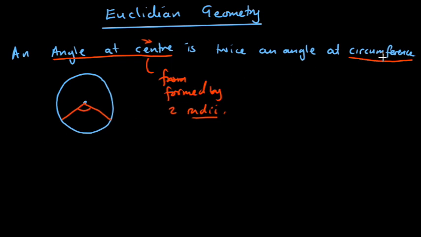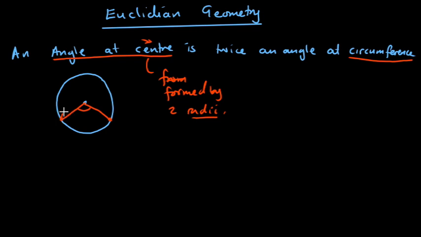The angle at circumference now is any angle that's going to be formed from the ends of the two radii that we have. From the end of this radius, if there is a line at circumference, an angle that's going to be formed at circumference from the ends of these two radii, then that is the angle at circumference.